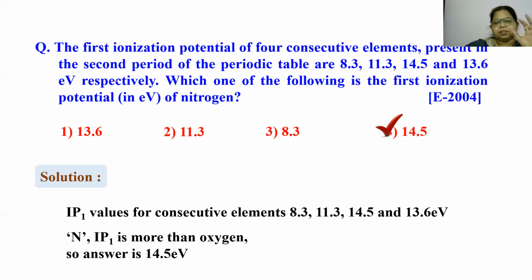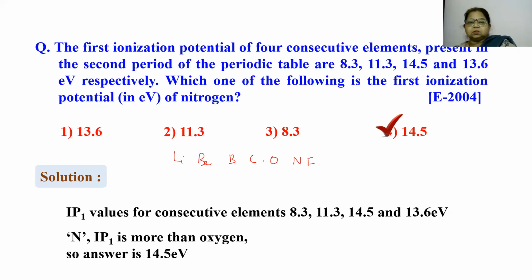See, the trick in this question was, it was always going to be the highest one. If you ask me what are the elements of this period, they are lithium, beryllium, boron, carbon, oxygen, nitrogen, fluorine, right? So the value, if you ask me to pick from this, has to be the highest one.